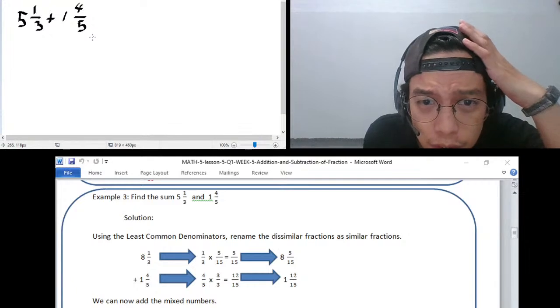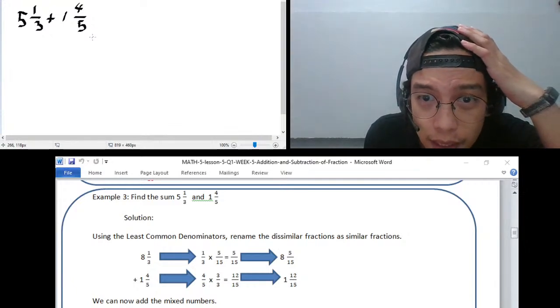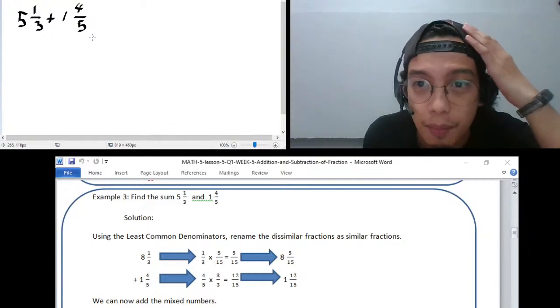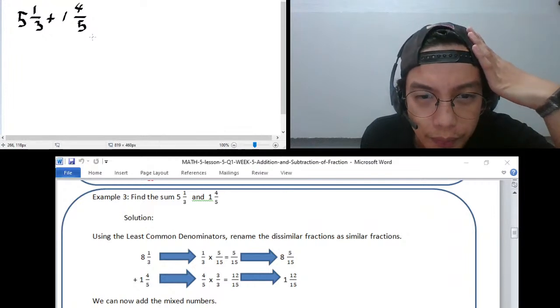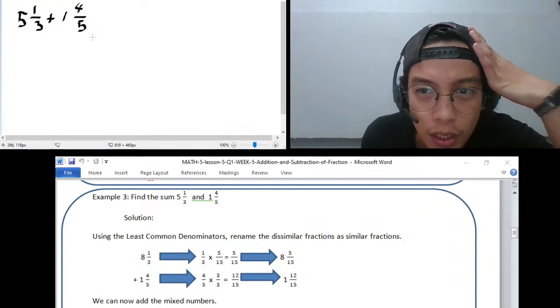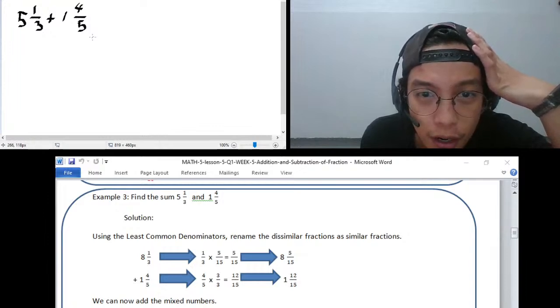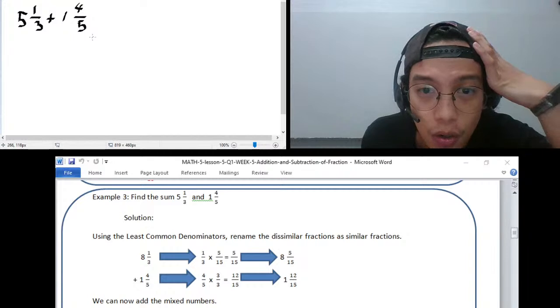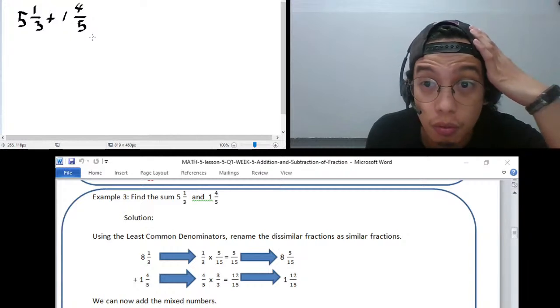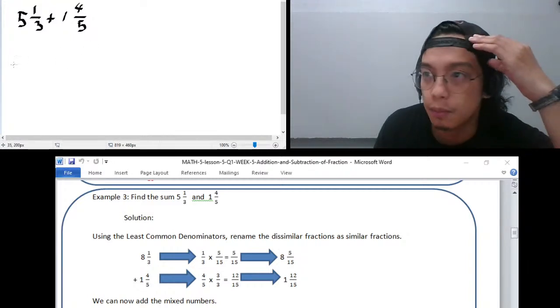So let's get the LCD. What they did here is separate the 1/3 and the 4/5 from their whole numbers.